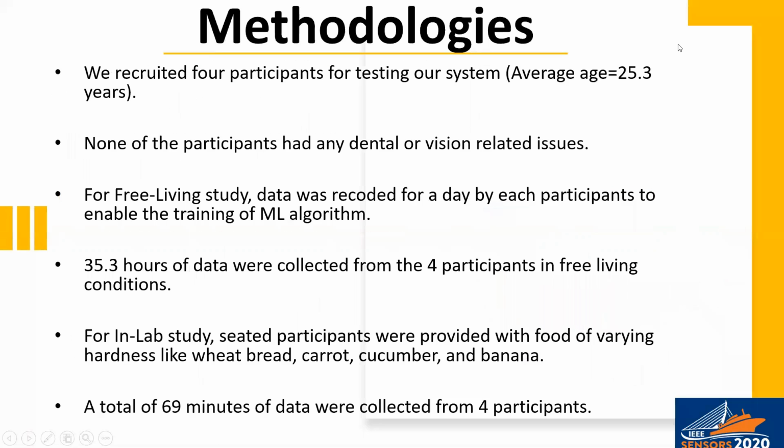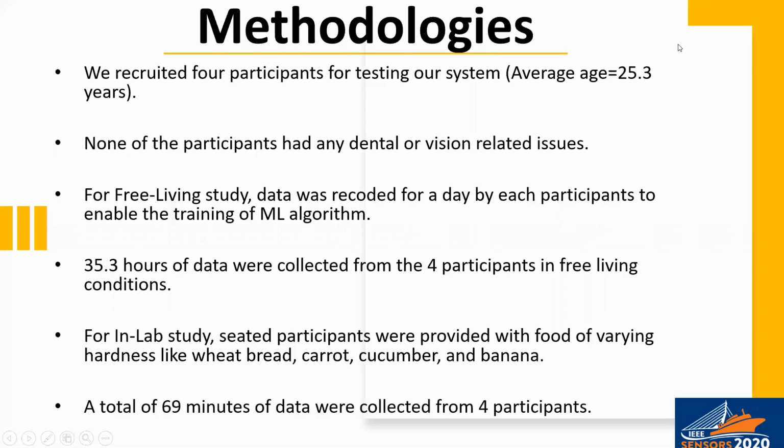In the methodologies to test our system, we took two environments into consideration. First we tested our system in the lab environment, then we tested our system in the free living study. For that, we recruited 4 participants for testing the system, and none of the participants had any dental or vision related issue.